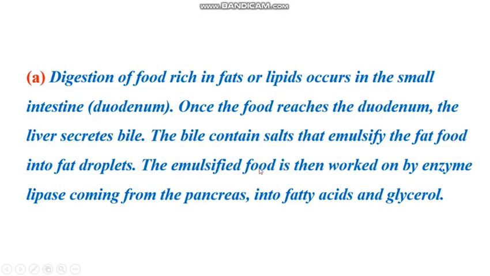The emulsified food is then worked on by the enzyme lipase coming from the pancreas. So this emulsified food now is going to be converted into fatty acids and glycerol. So this will be the end products, the fatty acids and the glycerol. So we have answered our question 1A.